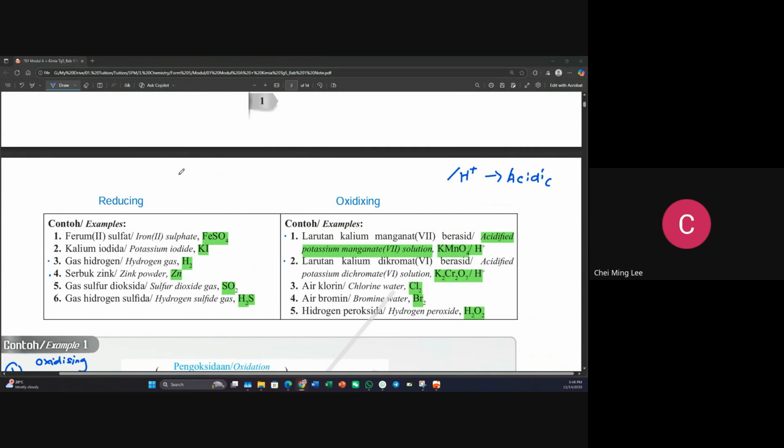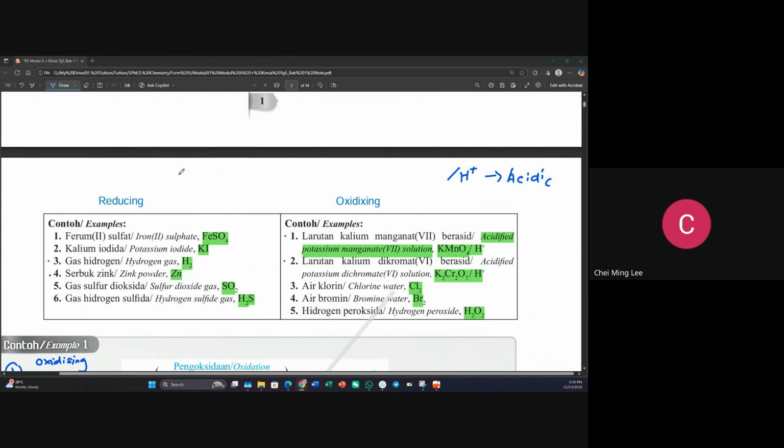So hydrogen undergoes oxidation, chlorine undergoes reduction. Normally, hydrogen will be the reducing agent for chlorine because chlorine has been reduced from 0 to -1. So when reducing, he's a reducing agent, but hydrogen itself undergoes oxidation.